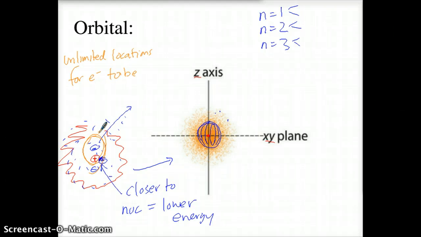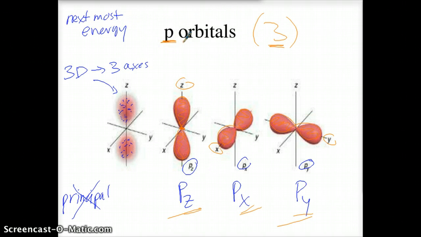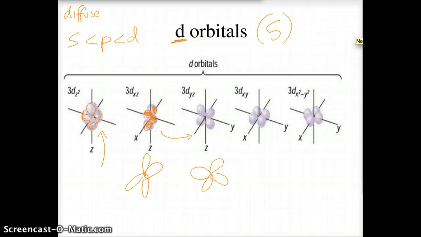So the most stable, the lowest amount of energy possible, is closer to the nucleus. The lowest energy orbital is called an s orbital. There's only one of them. It's a sphere. After that come the p orbitals. There's 3 of them, which have this shape along the different axes. And then the d orbitals. And there are 5 of them, which have these different shapes.